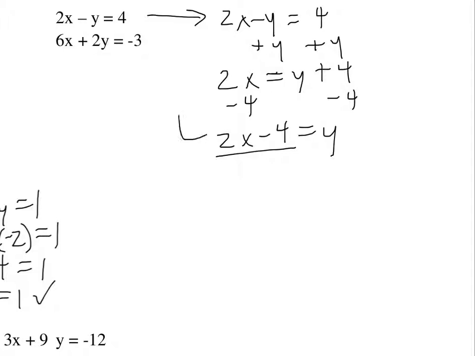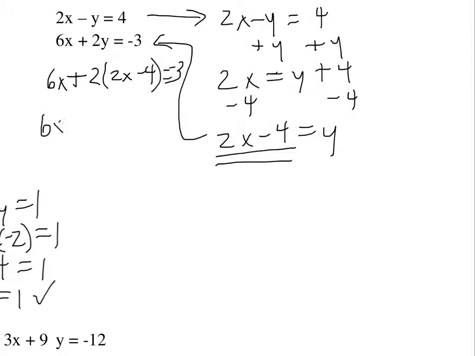We're going to put that information into the second equation. So we have 6x plus 2 times y. What is y? Y is 2x minus 4. And that equals negative 3.